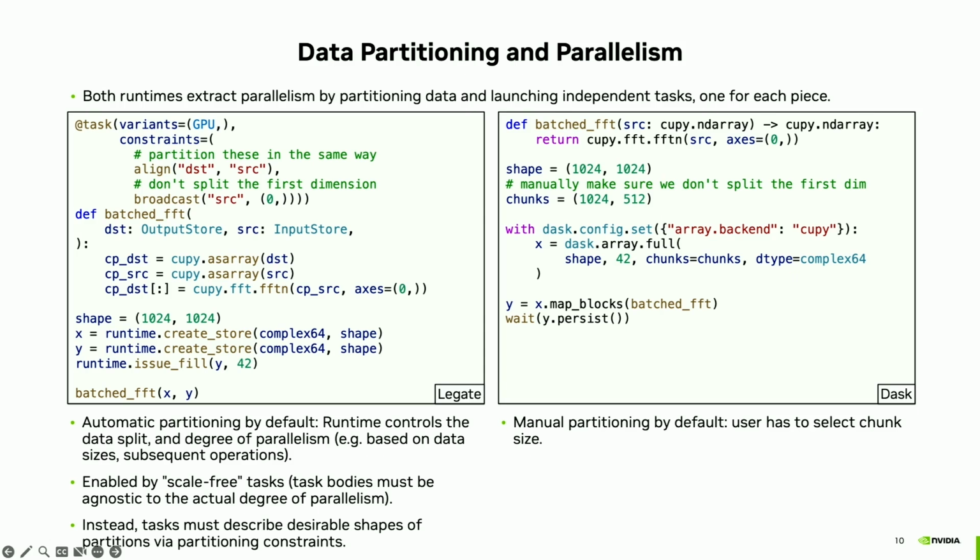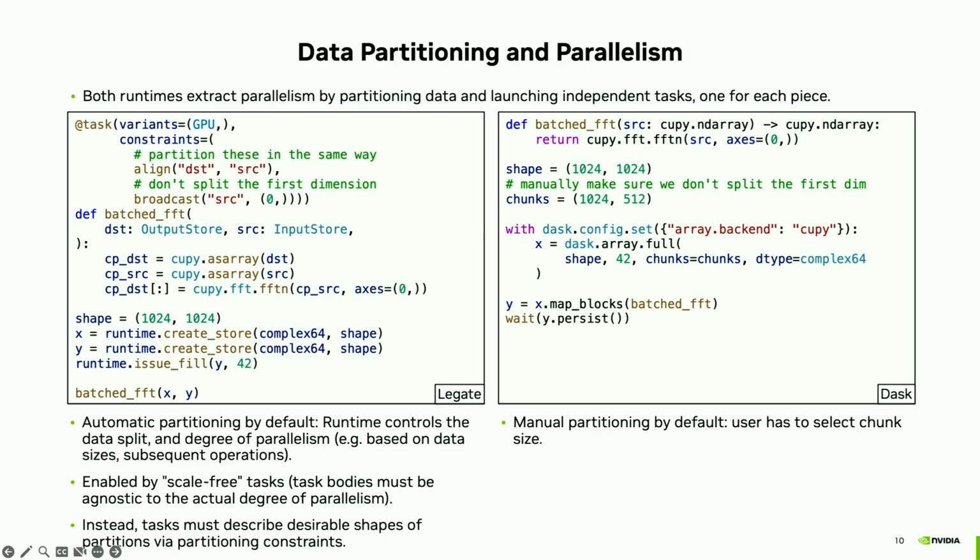But after that point, the task is essentially, we call it scale-free, so it's agnostic to the actual degree of parallelism. There's no requirement within the body of the task for a specific shape, and that allows the runtime some leeway in how it chooses to parallelize.